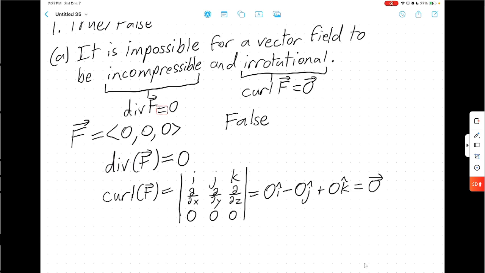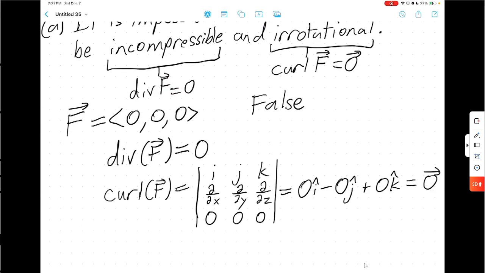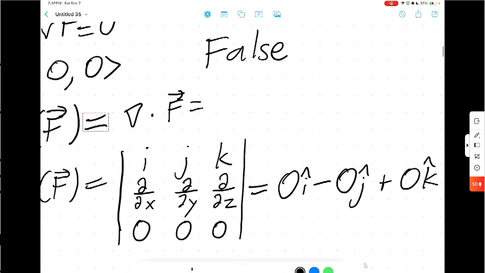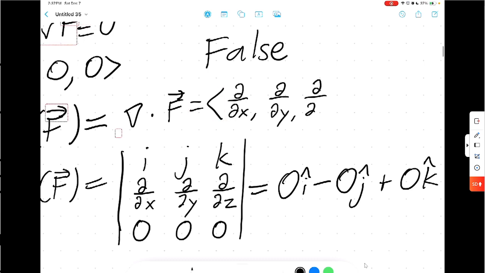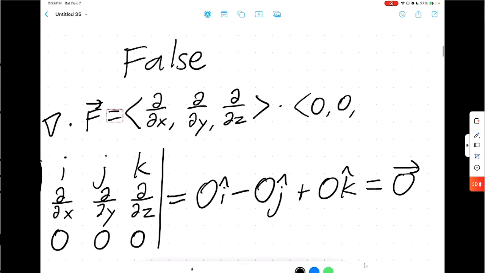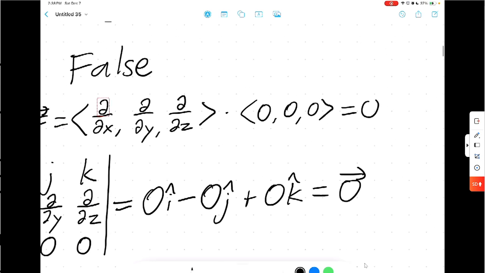So for the divergence one, you're just taking the partial derivative of x, y, and z. It's essentially this differential operator dotted with the vector function. And this differential operator is partial with respect to x on the first, partial with respect to y on the second, and partial with respect to z on the third. Yep, dotted with 0, 0, 0 will just give us 0.